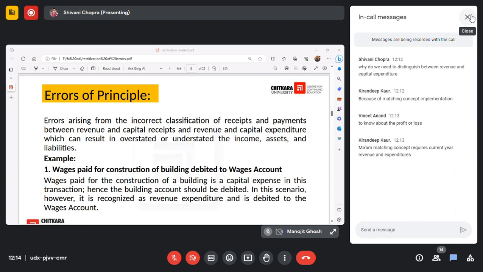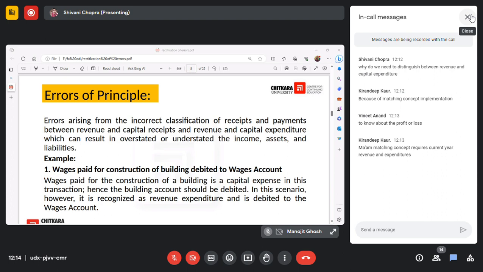And that would help us in identifying. If we are not doing that correctly, then that means we are either overstating the profits or understating them. Overstating and understating profits has an indirect implication that we are overstating or understating the assets and liabilities. So that's the main reason why we need to distinguish between revenue and capital expenditure.